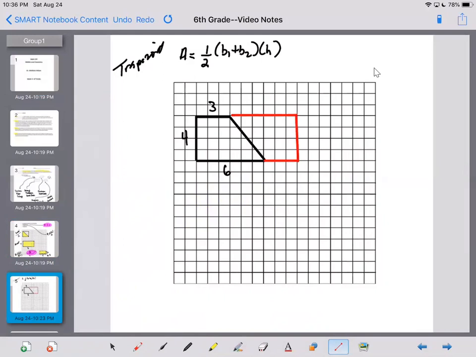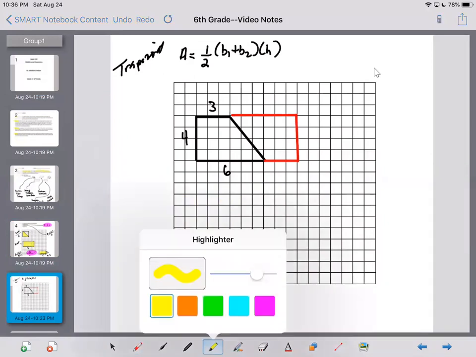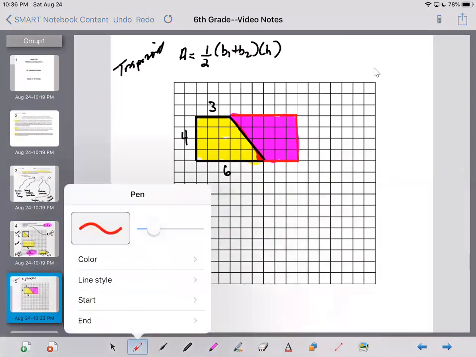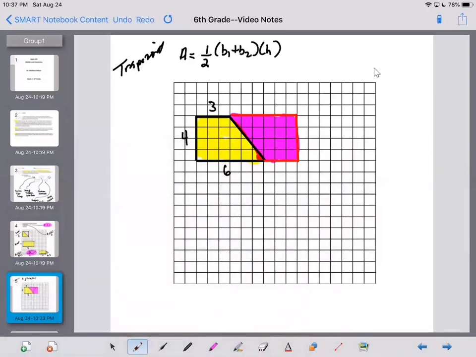So the one in red, we see this area. Well, the trapezoid in red has this area. So they have the same areas. But what have we created? We've created a parallelogram. So this length is 3, and this length is 6, and this length is height.